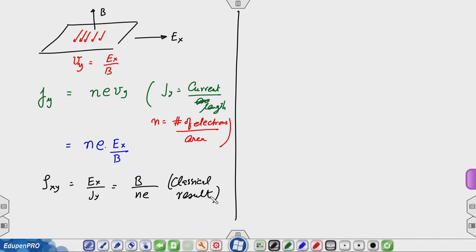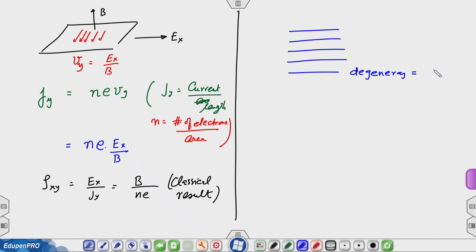But because of these Landau levels, now things change. I have these Landau levels, each with degeneracy equal to B over phi naught per unit area. Now, suppose I have nu of these Landau levels filled.